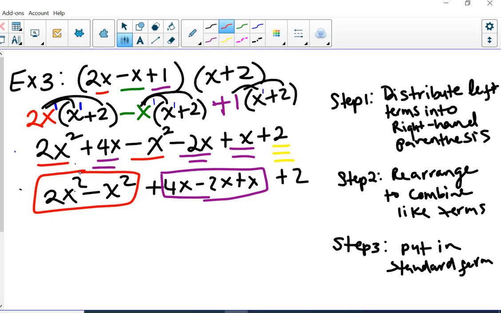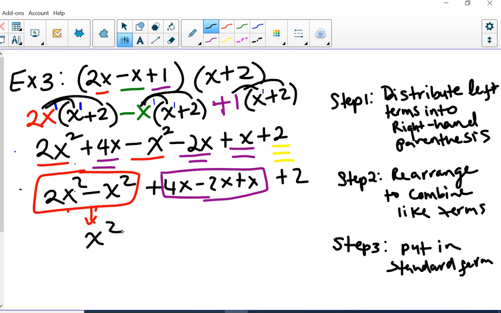So let's combine our like terms. 2x squared minus x squared: 2 minus 1 is going to be 1, so that gives me 1x squared.